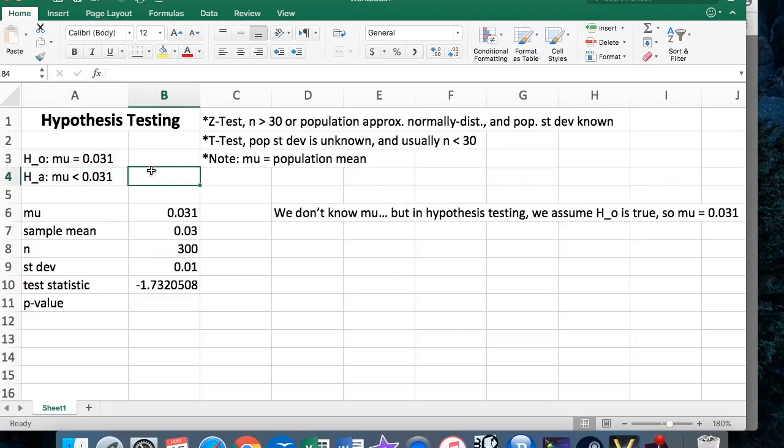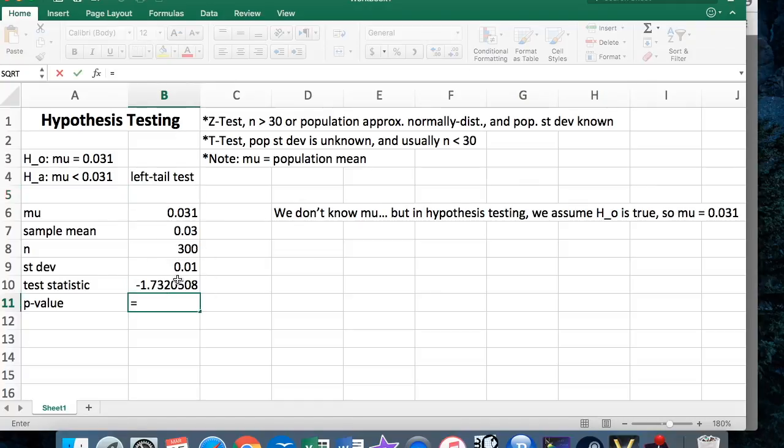In other words, we're looking for values smaller than 0.031, and smaller, on a number line, means to the left. So this is a left tail test. Our p-value is then the probability to the left of our dummy variable, because it is a left tail test.